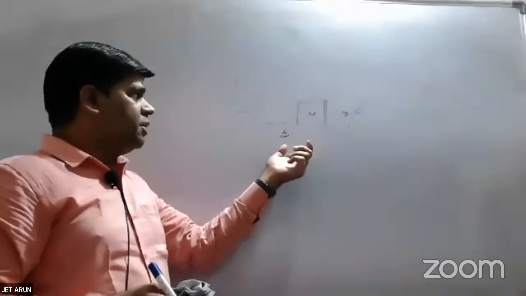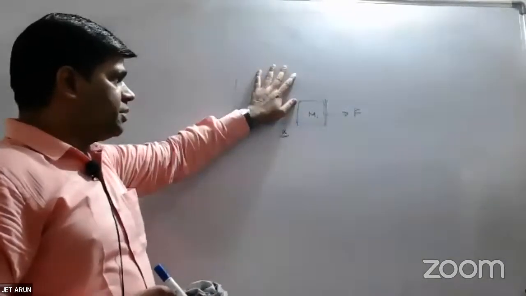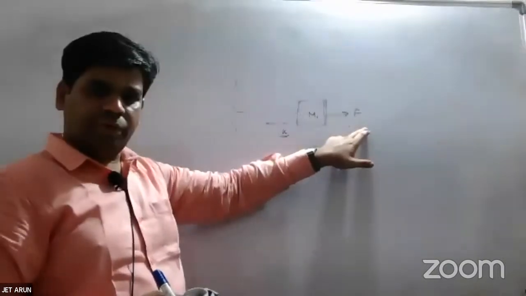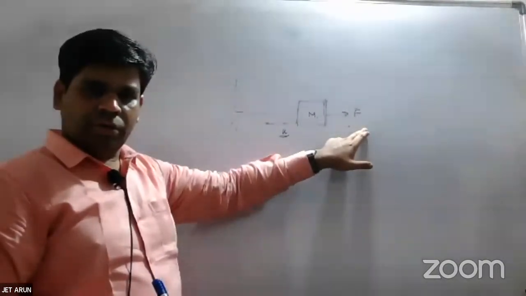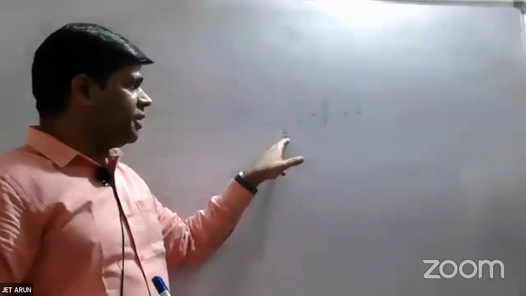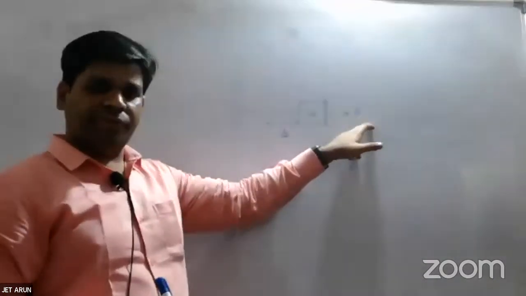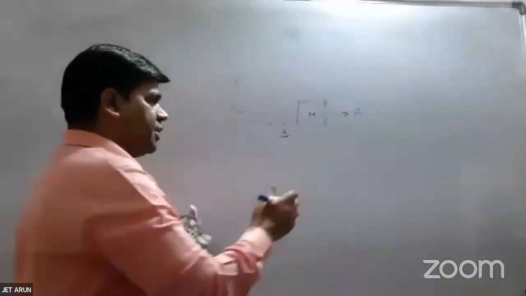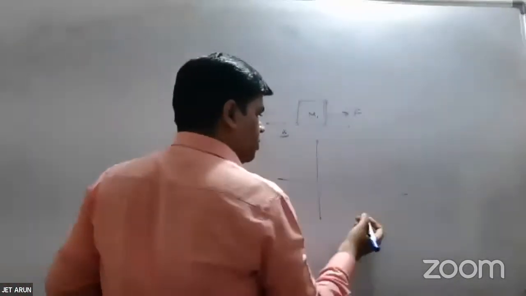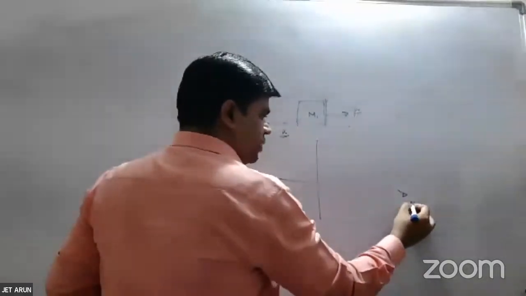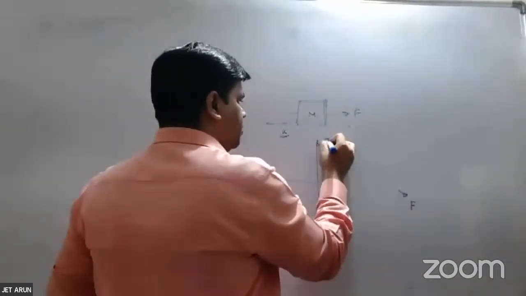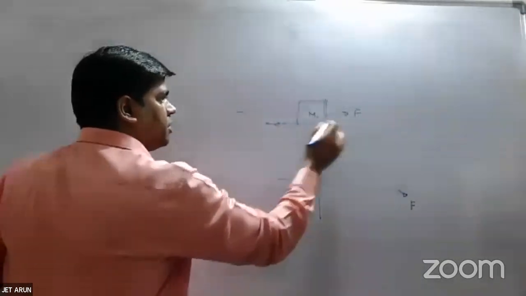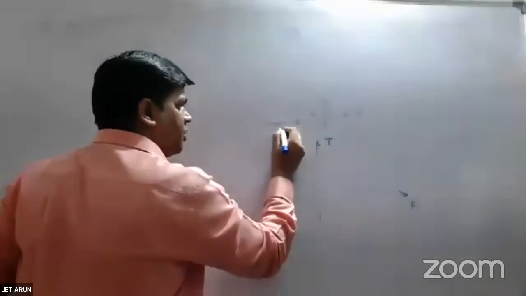But when there is friction, tension doesn't come into picture first. Friction comes into picture. It will self-adjust itself to counterbalance F. Then when this reaches limiting, when it cannot anymore counterbalance F, then tension comes into picture to counterbalance F. What I mean to say is, if F keeps increasing like this, there is T. So friction is equal to F, if F is very small.